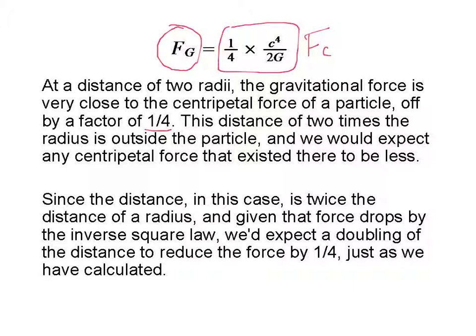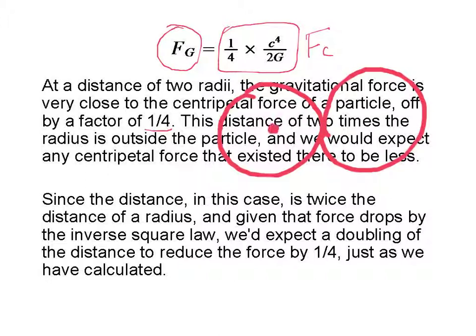This distance of 2 times the radius is outside the particle, and we would expect any centripetal force that existed there to be less. And let's make this clear, and we're going to go right over the top and use a thicker pen. So if we have adjacent particles, we have the radius, we're talking about this point here versus this point.